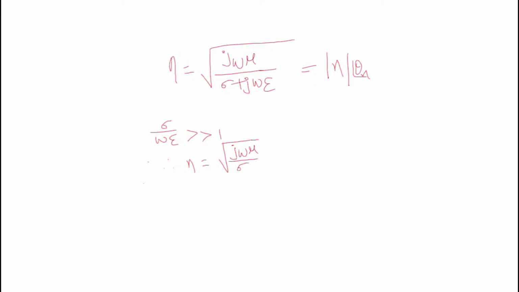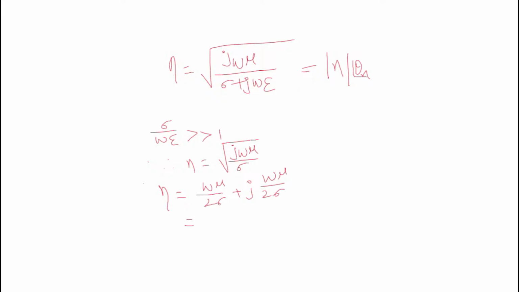Again, same procedure. So now we can multiply with the 2 and divide with the 2. You will get this one as real term and imaginary term. That can be written as what? Real and imaginary terms are equal, that is omega mu by 2 sigma plus j omega mu by 2 sigma.